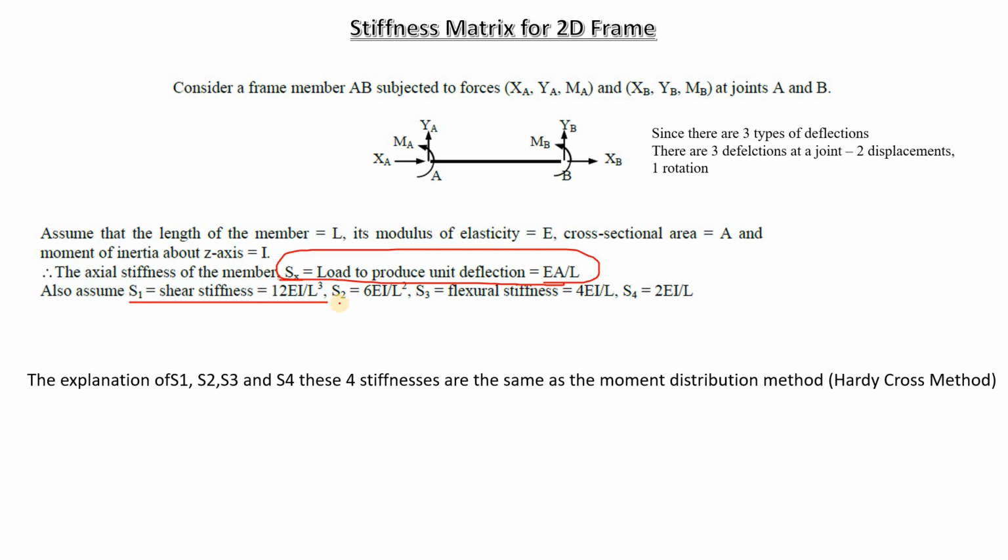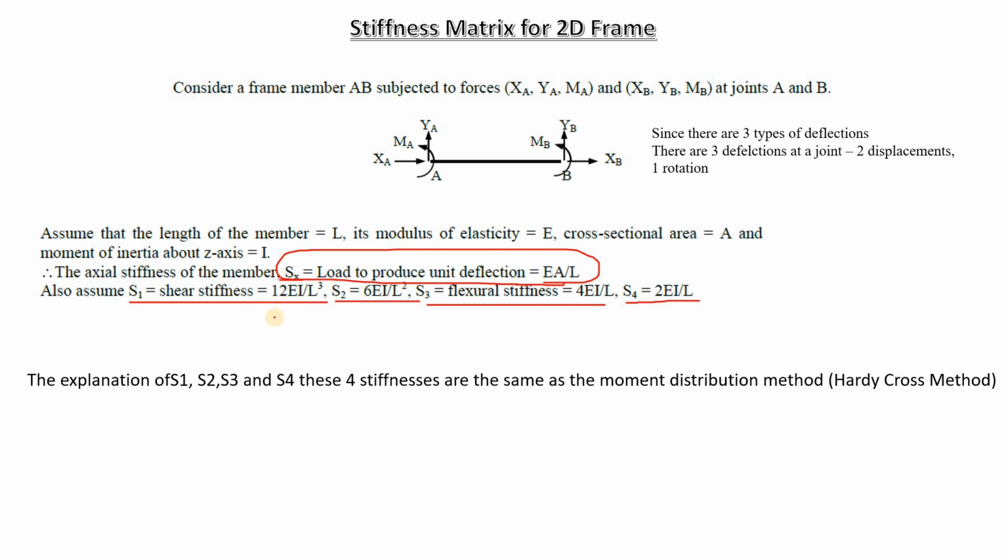Then we have S2, which is also a shear stiffness, that is 6 EI by L squared. Right after that we have S3, which is a flexural stiffness, 4 EI by L, and S4, which is also a flexural stiffness, which is 2 EI by L.